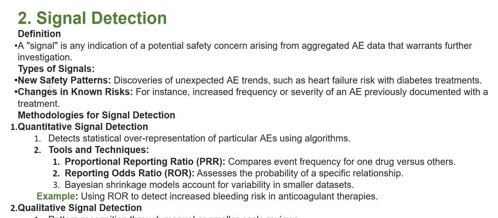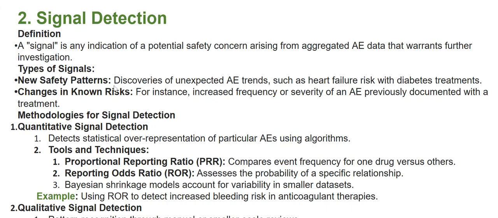Types of signals: new safety patterns, discoveries of unexpected AE trends such as heart failure risk with diabetes treatments, and changes in known risks, for instance, increased frequency or severity of an AE previously documented with a treatment. So here we have examples or types of signals to detect in clinical research.